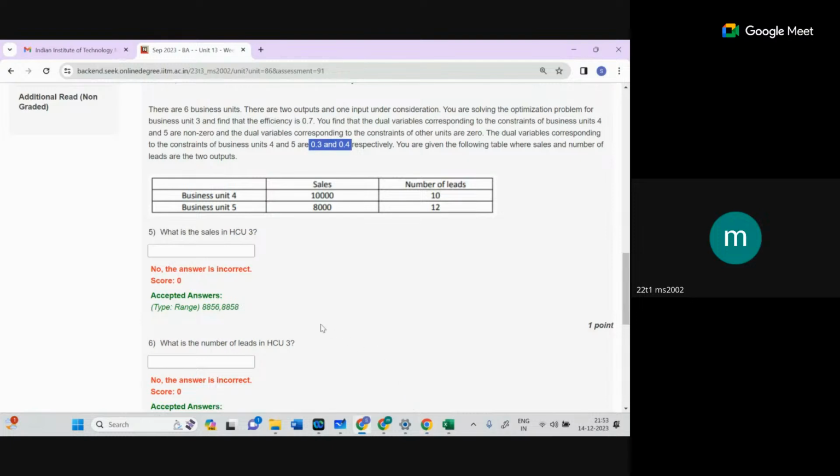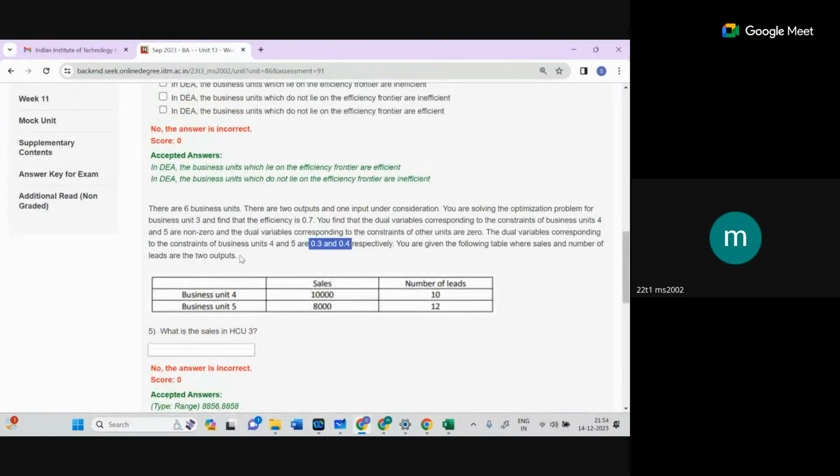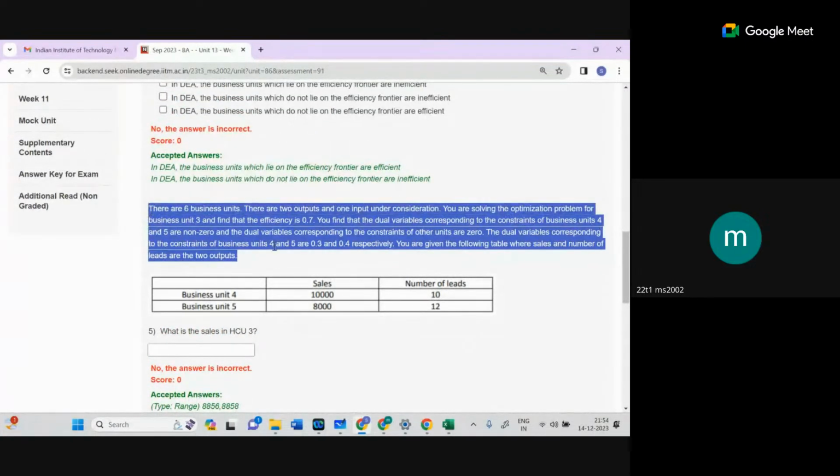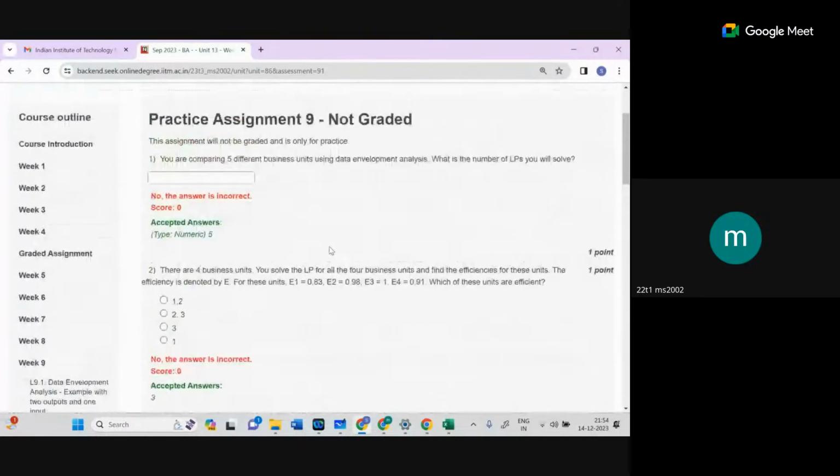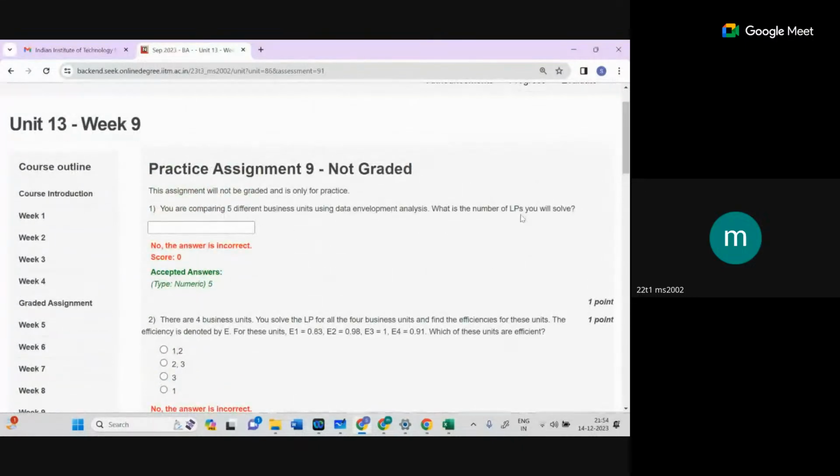All right, so that's all I had for today. It's a simple numerical. You can expect these kinds of numericals, and these are some theory questions. How many LPs will you solve if you have 5 different business units? For each economic unit, you are going to solve a separate LP, linear programming problem.